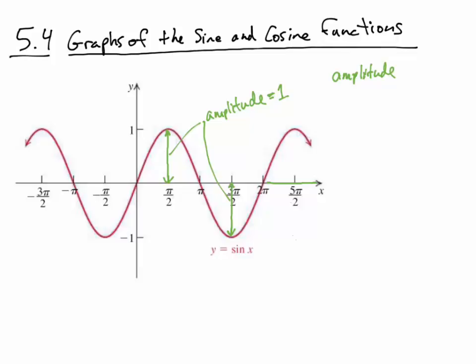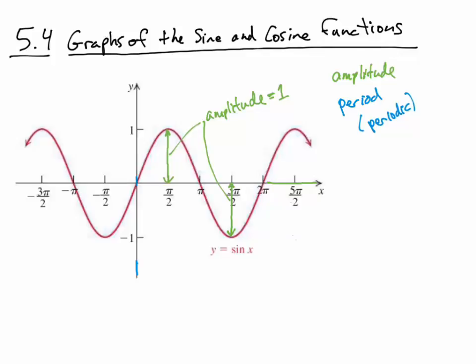The next feature of any trig graph, in this case a sine graph, is called the period. We say that all trig graphs are periodic because they repeat the same path, and each time that path is repeated, we call that a period.